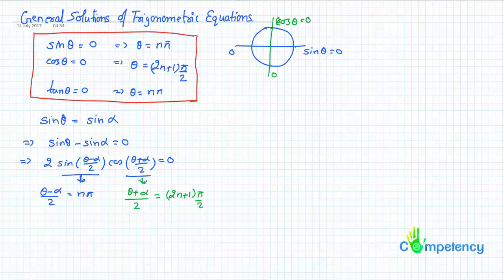So from this we have to find theta. This theta is nothing but 2n pi plus alpha. And here, if this is 0, that means theta is nothing but (2n plus 1) pi minus alpha.